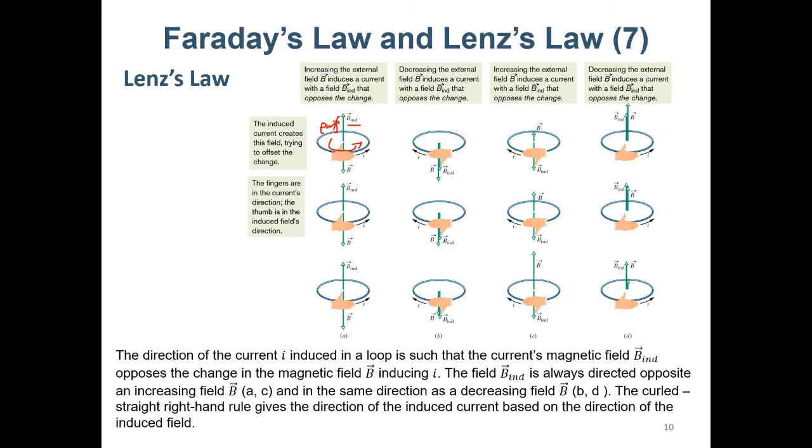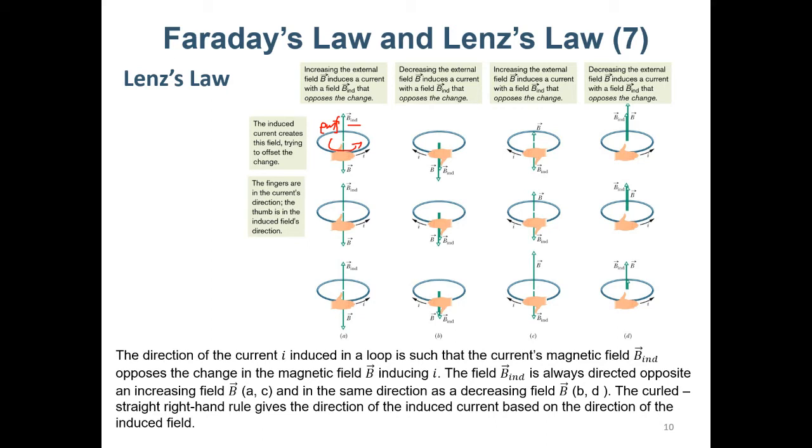So it will point to this side, and if we start to decrease the external B field, then the magnetic flux through this loop is decreasing, which means that it should generate a B field pointing downward to counteract these changes.